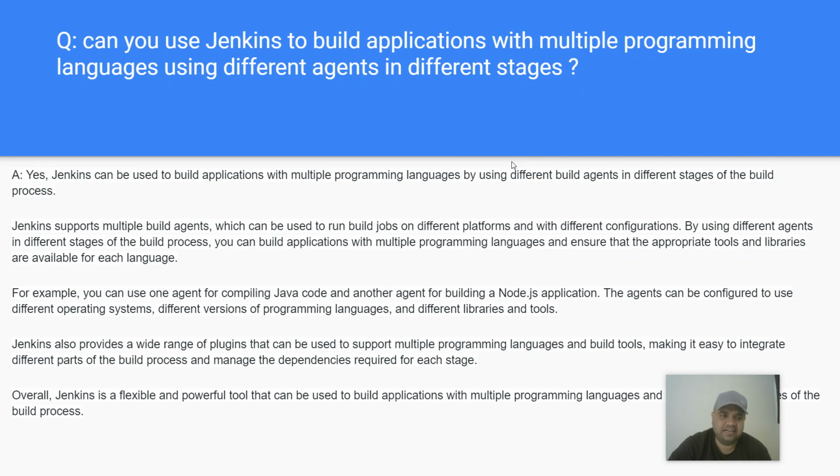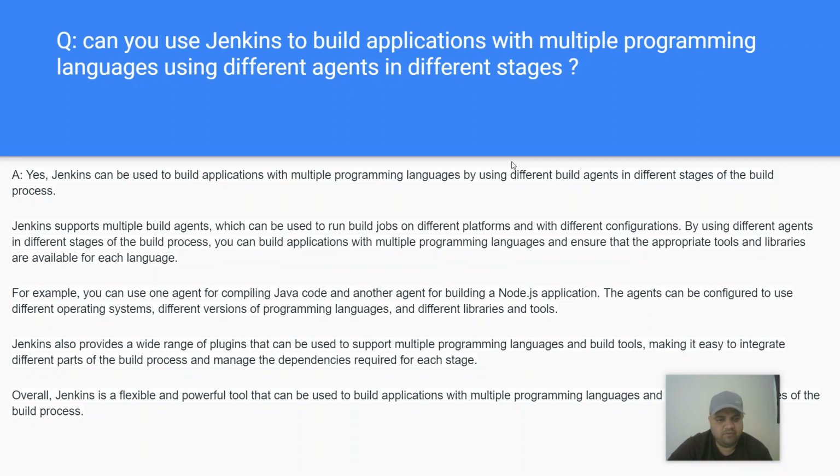By using different agents in different stages, you can build applications with multiple programming languages and ensure the appropriate tools and libraries are available for each language. For example, you can use one agent to compile Java code and another agent to build a Node.js application. The agents can be configured to use different operating systems, different versions of programming languages, and different libraries and tools.